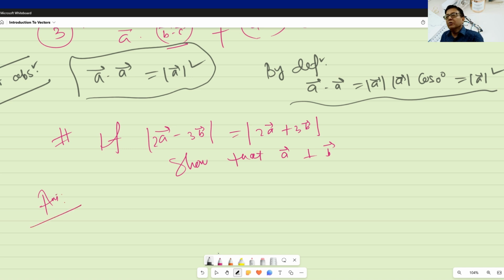It's a very common question in physics. They give any scalar, just the coefficients the same, plus and minus are there, then they must be perpendicular. I'm just showing you in one sum, then you have to solve one problem yourself.